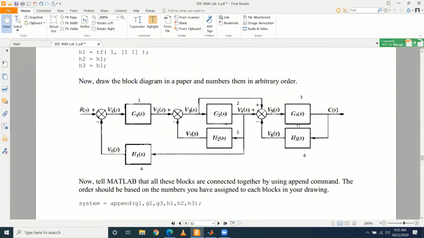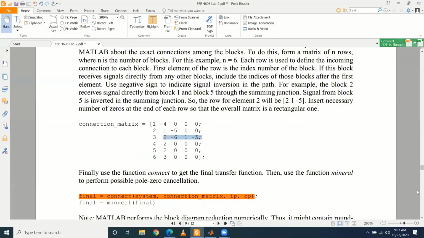Sir, if we have more than 4 connections, then what will be the order of connection? Here we have 4 block connections. If we have more than 4, like 6 connections, how can we write this matrix?